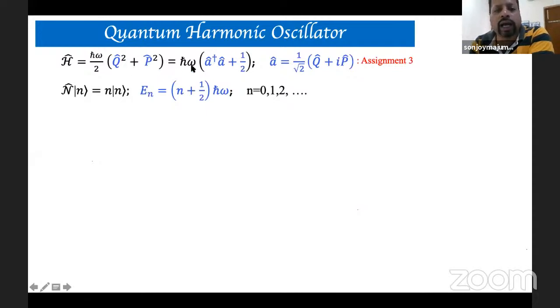It's not that we have put it in by force. Automatically you get it from the definition of the creation and annihilation operators in terms of Q and P. And when we compared it with the quantized form of the energy, we saw that this has to be a number operator.